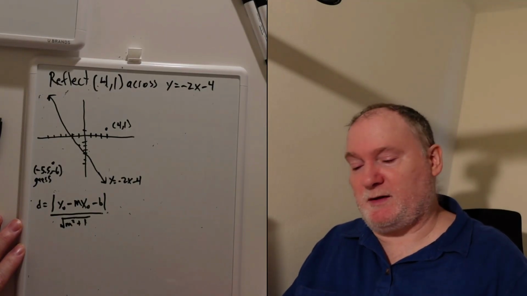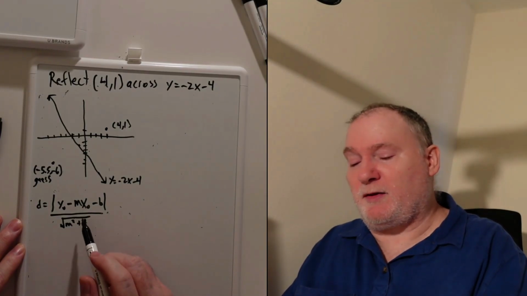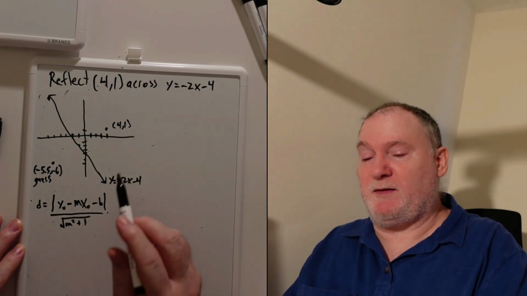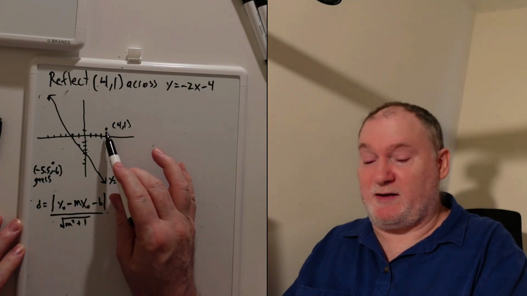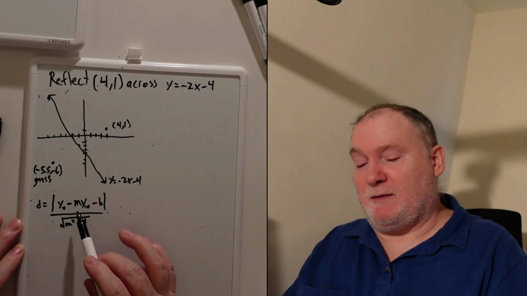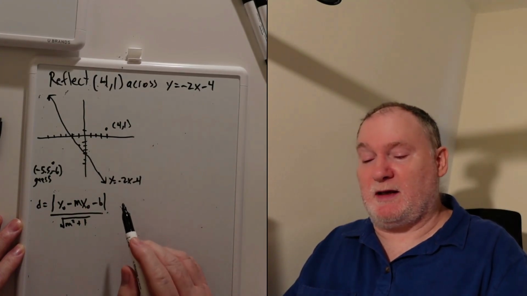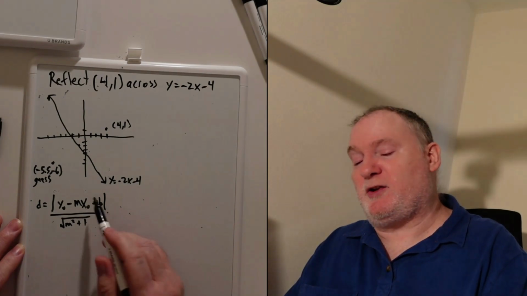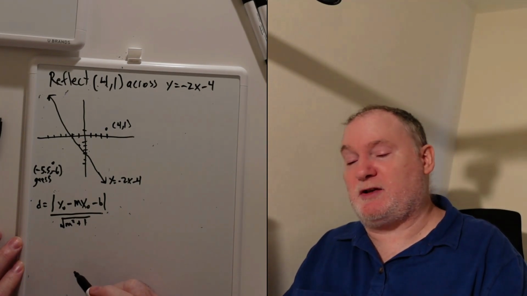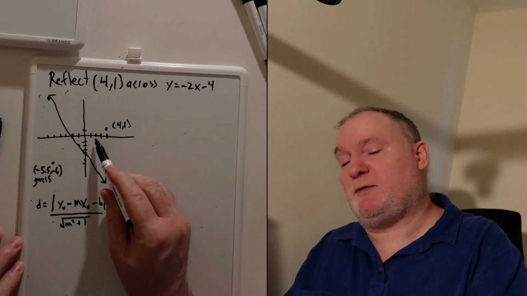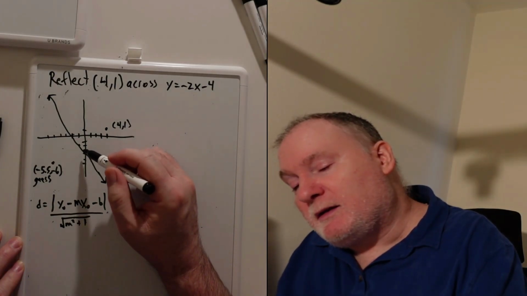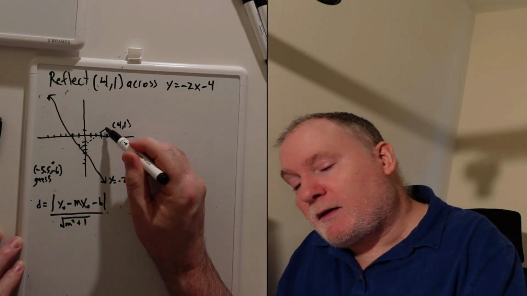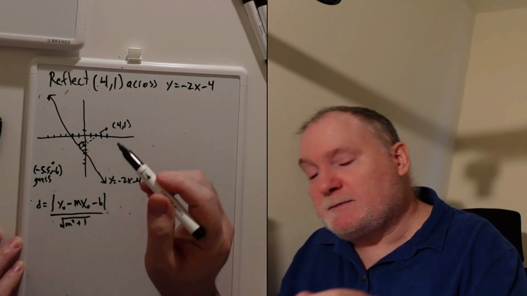All right. So the point x naught, y naught is a point that we are given that's not on the line. And the m and b come from the equation of the line. So m is equal to -2 and b is equal to -4. So we have everything we need to use this equation to tell us the distance between this line and this point. And it's going to be at a right angle.